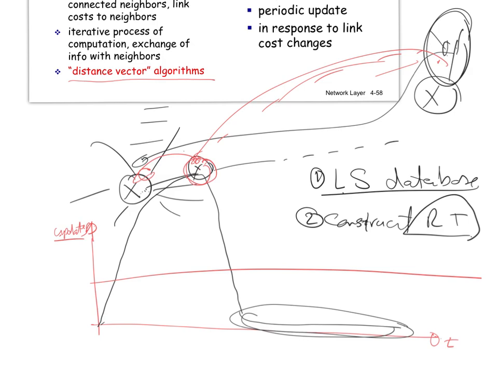So in the next phase, I need to construct the shortest path tree, which means that from this router to all the other destinations in the network, what is the shortest path? So from one node to all the destinations. We call this a shortest path tree. And then in the third phase, I need to reflect the shortest path tree in the routing table. It becomes very easy. We'll see now.